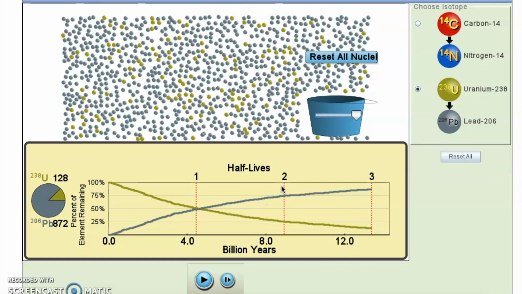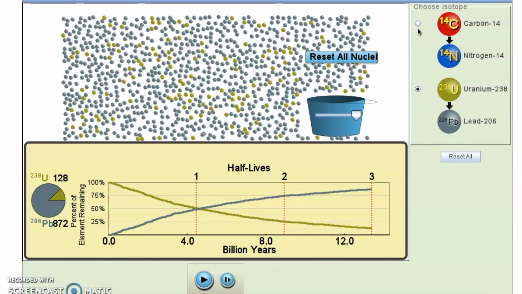Now, you see that there is something called half-life right here. I would say that one half-life, this red dotted line, corresponds to when our original uranium-238 radioactive substance has decayed by half, down to 50%.